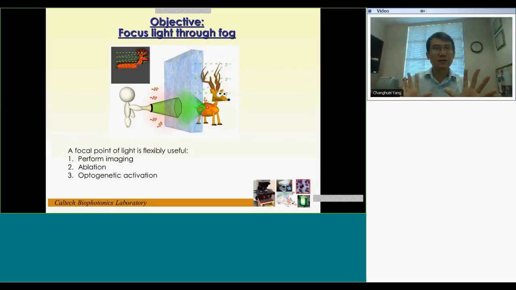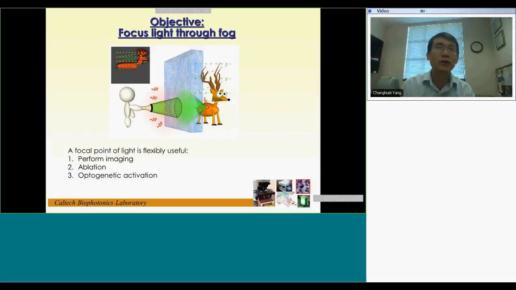If you think about this, it's a pretty strange wavefront that we'd have to create, because it would have to come to a focal point within the fog itself. That means we need to do something quite unconventional. Now, if you can indeed create such a focal point of light within the fog or on the other side of the fog, then we have a very flexible tool.